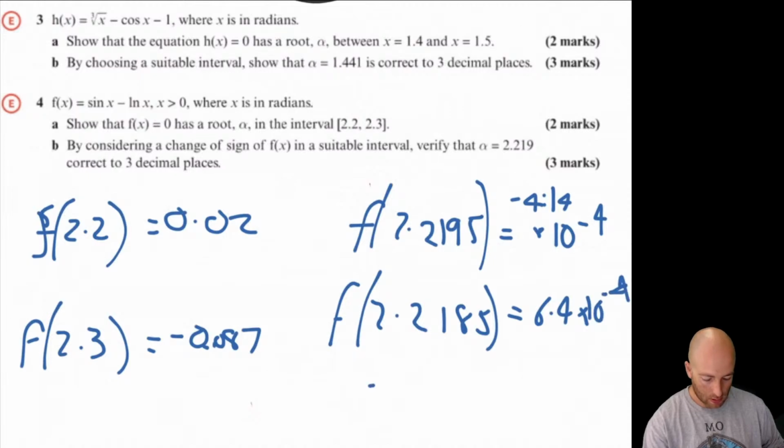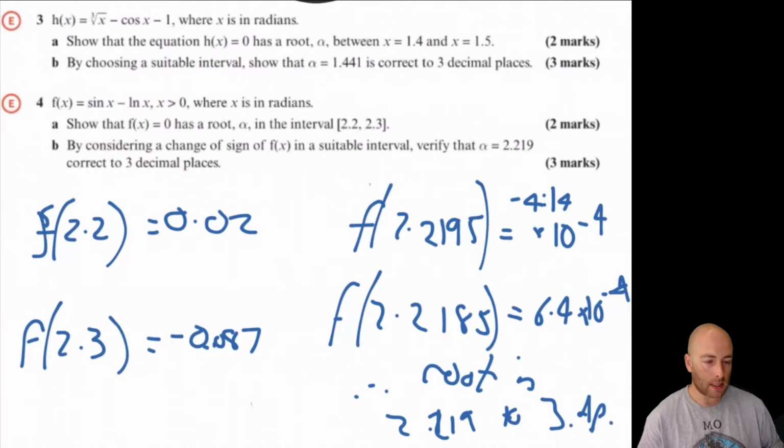So again, therefore root, 2.219 to 3 dp. Cool, so both exactly the same there.